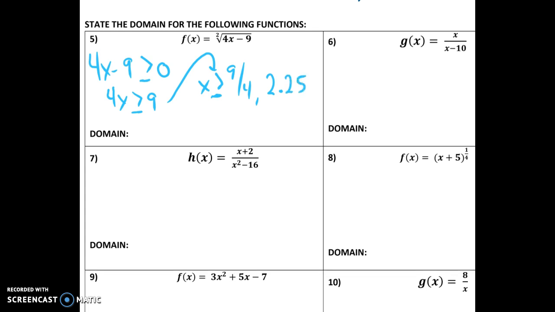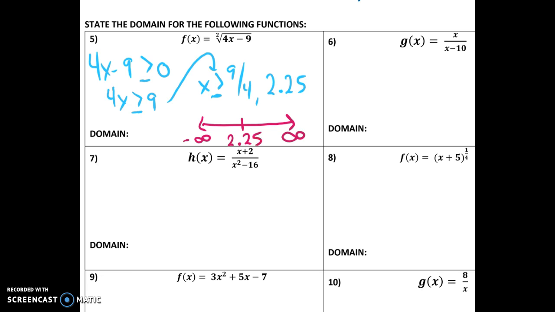So what we did then is, because we're not going to be writing our domain like that, we put it on a number line. And x's can be very small or very big, so that's where we put our infinities. And then we put this number here, this 2.25. I'll use the decimal version.